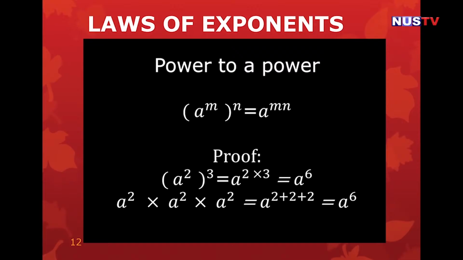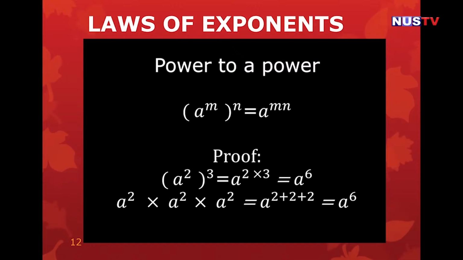Again, the power, the exponent, is the number of times you are multiplying the term. So the power of 3 outside the bracket means you are going to multiply a to the power of 2 3 times. A to the power of 2 times a to the power of 2 times a to the power of 2.